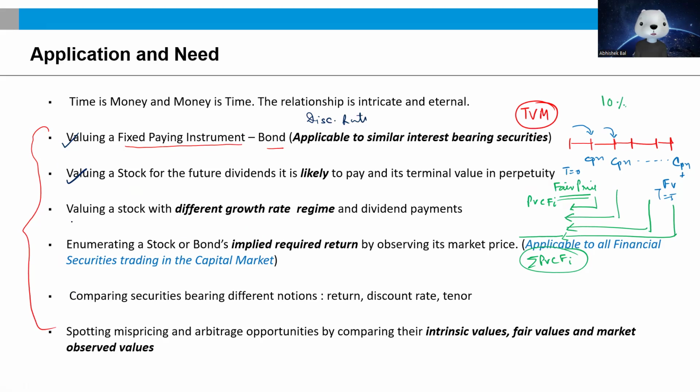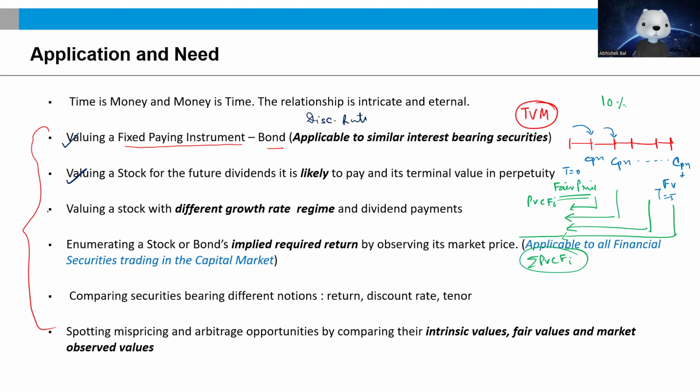And as you would know, a stock, unlike a fixed income security, may go through various levels and various regimes of growth. We could have an initial low growth period, then perhaps a very high growth period for a short duration, followed by a stable growth rate period, followed by perhaps a declining growth period as well. That would depend upon the life cycle of the industry, and on the lifestyle of the stock in consideration.